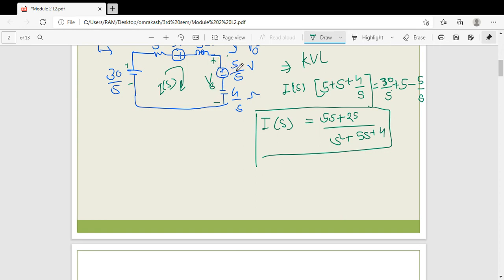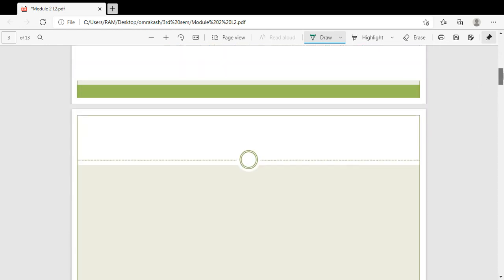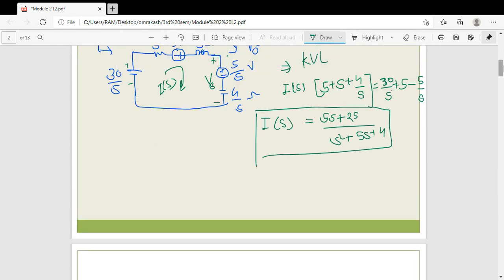So Vs is equal to 5 by S into I of S into 4 by S. Now use this KVL here, or you can say that V of S is equal to 5 by S plus I of S into 4 by S, right? Now put the value and find out this Vs.